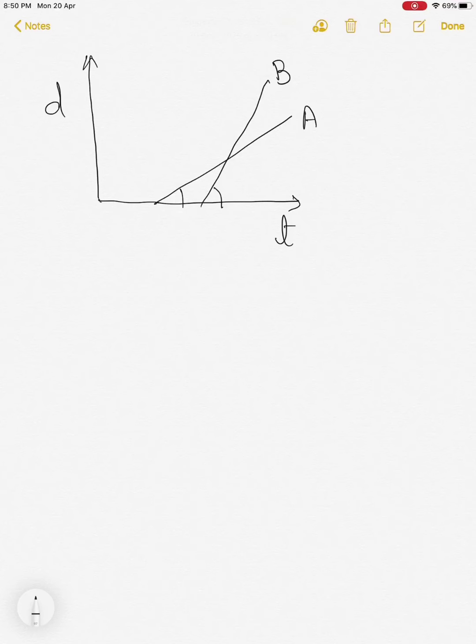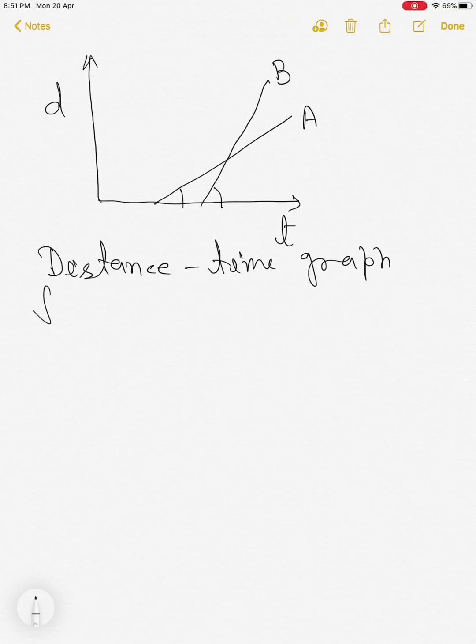Now, next is the distance time graph for non-uniform speed.